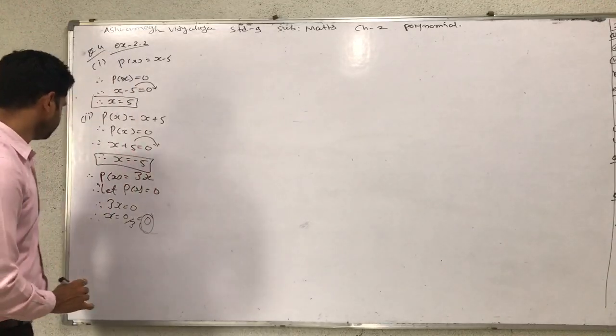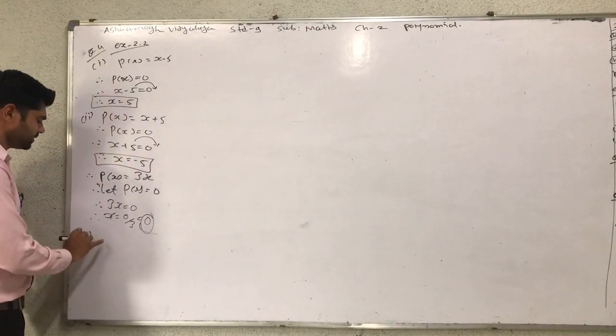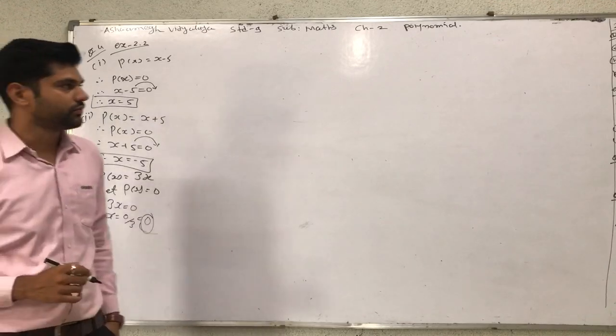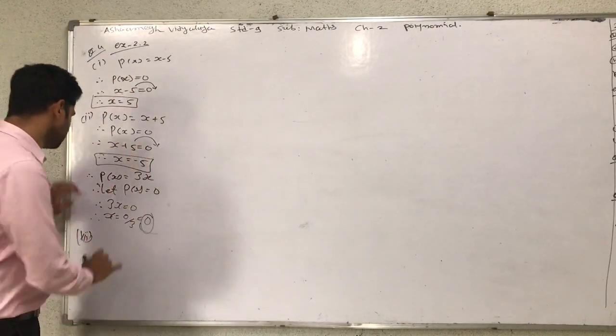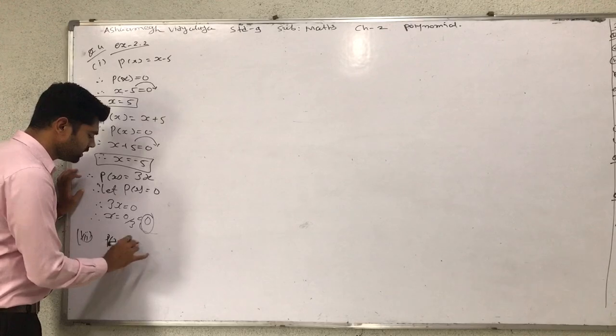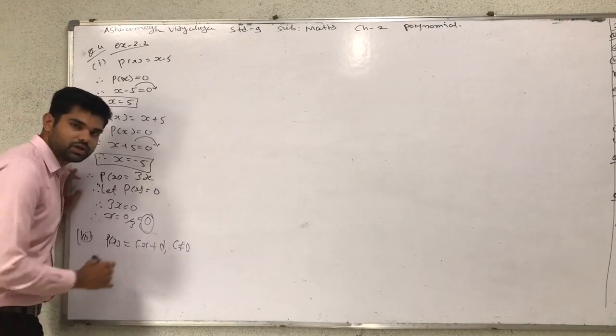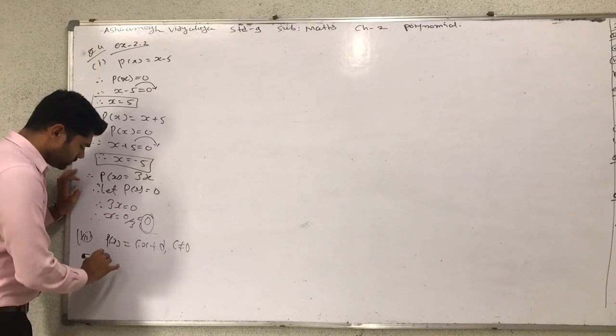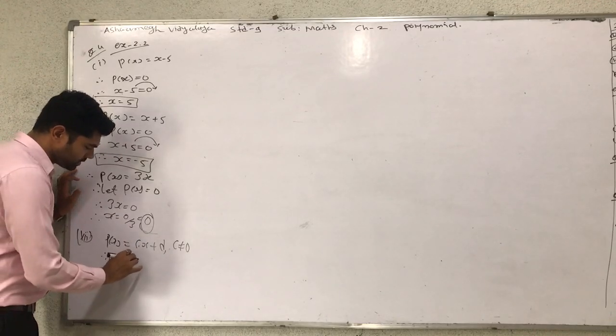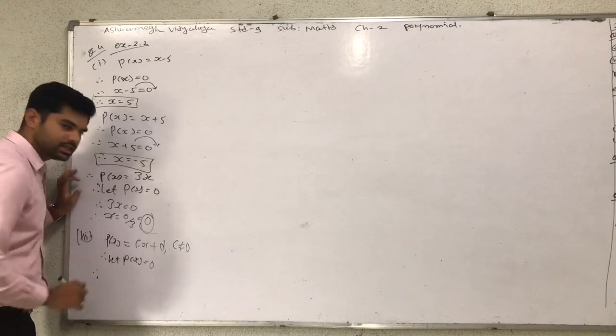Now, the last question, question number 4. P of x equal to c into x plus d, where c is not equal to 0. Let p of x equal to 0.